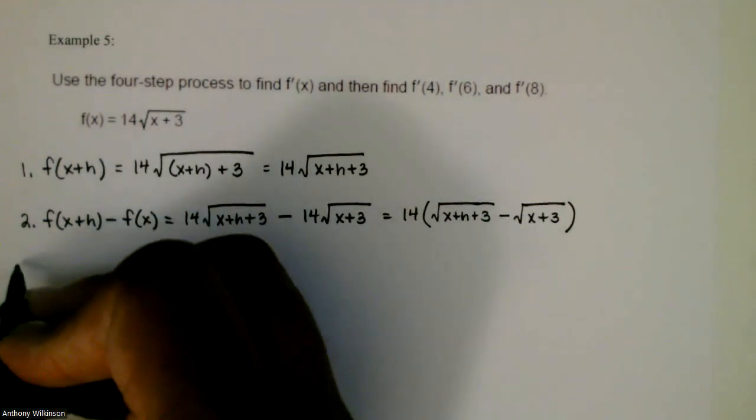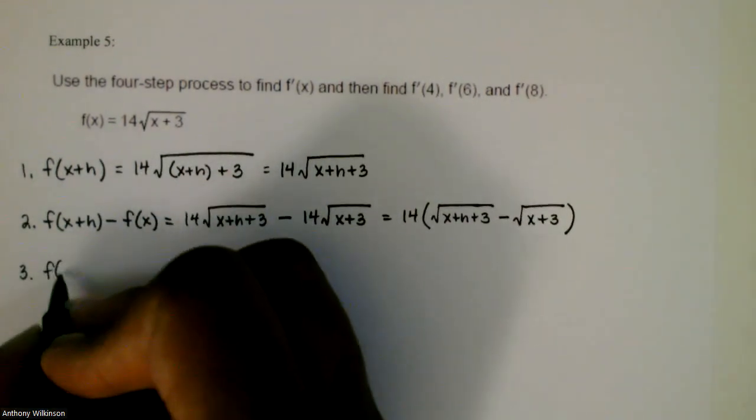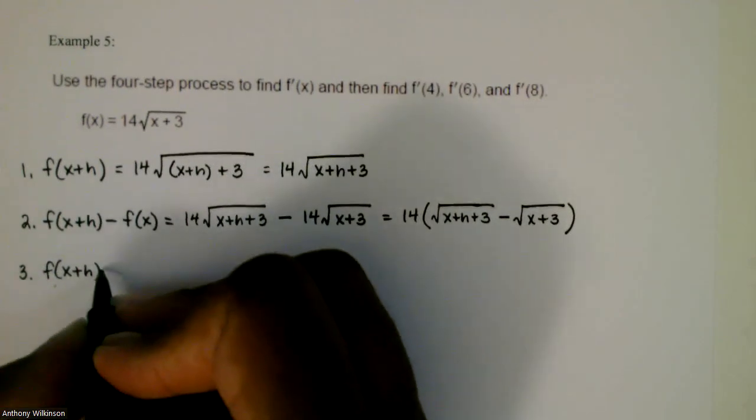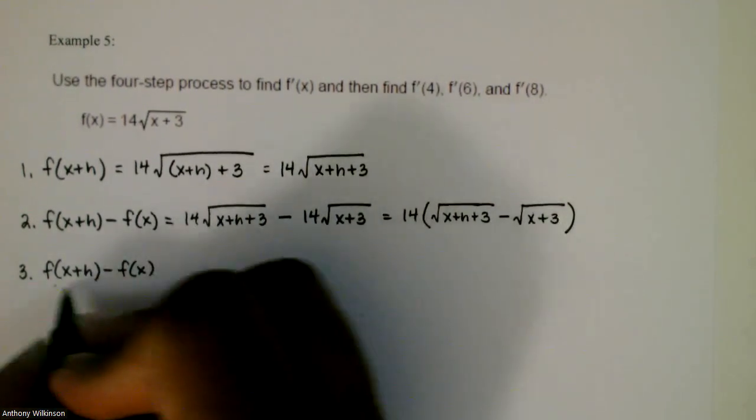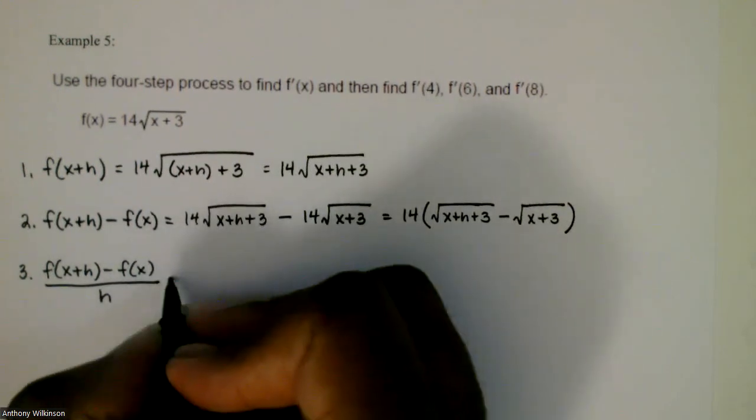Step number 3 is this. We take that f of x plus h minus f of x, divide that by h.